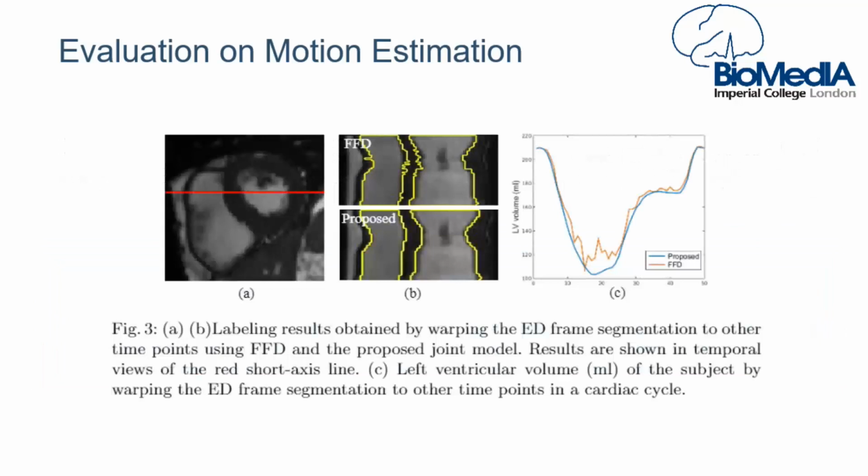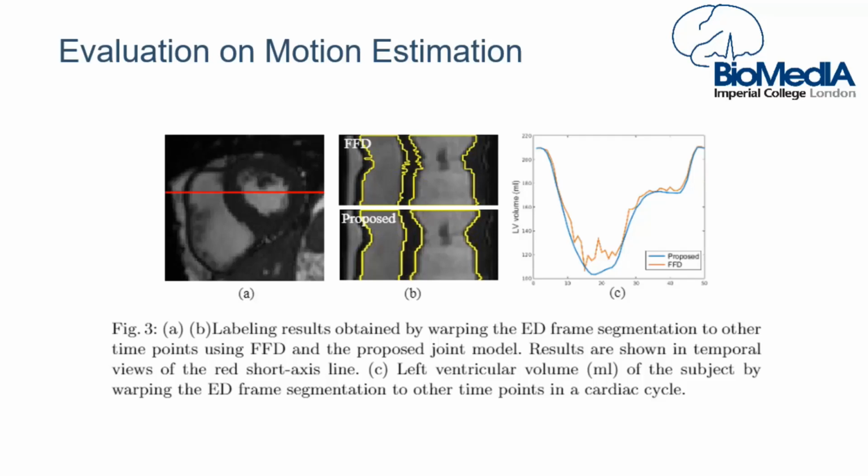To further validate the performance, we show some visualization results. Figures A and B are the visualization results of the left ventricle and right ventricle boundaries along the temporal profiles. Here we warped the ED segmentations to the other time points by using the estimated transformation fields.